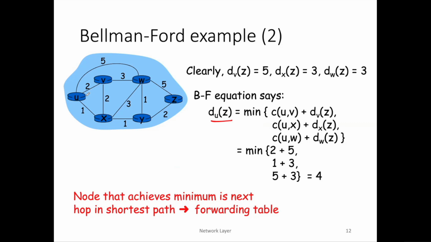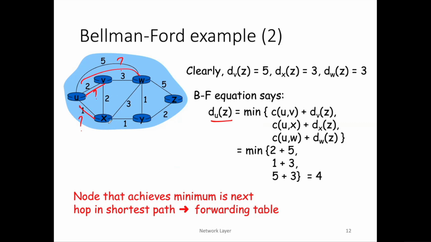So it will find the cost to reach z via v, to reach z via w, to reach the destination z via x, and it will select a path which is the shortest path to reach the destination over all the neighbors.